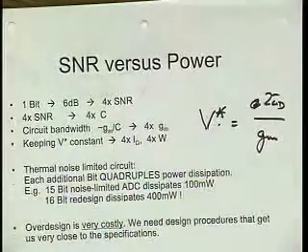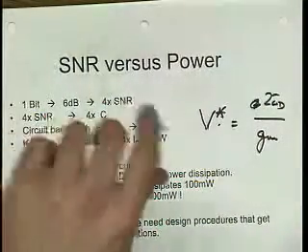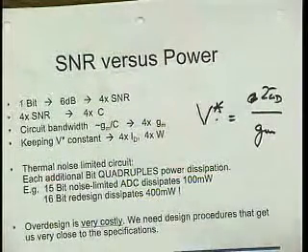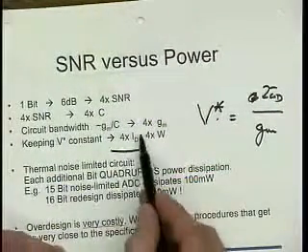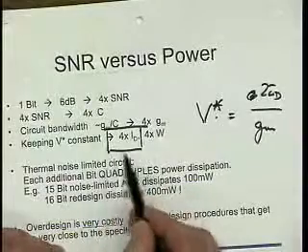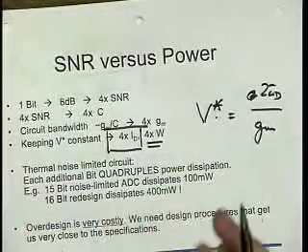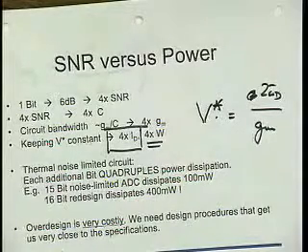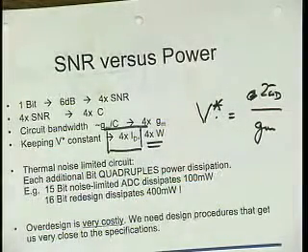So without really getting deep into figuring out what transistors, what circuit we want to use, we know an extra bit is going to cost us a factor of 4 in ID, also a factor of 4 in W. That's probably less consequence. But a factor of 4 in ID, that's 4x in power.